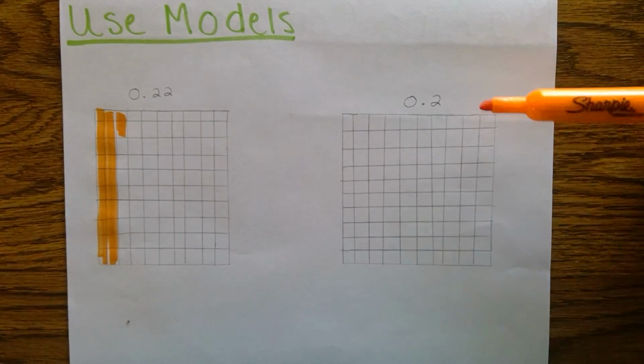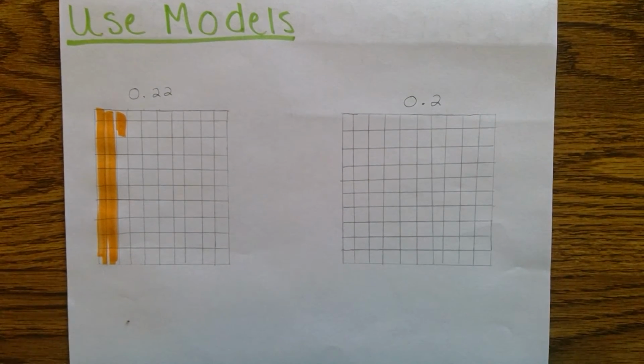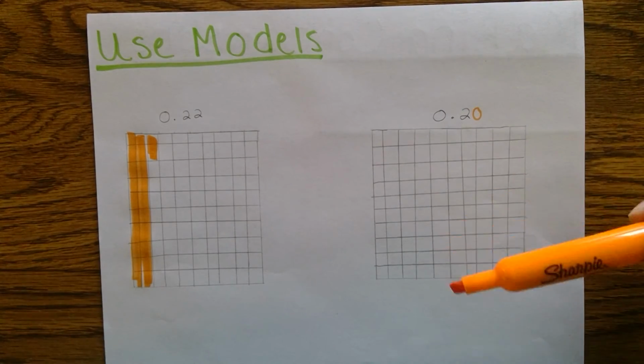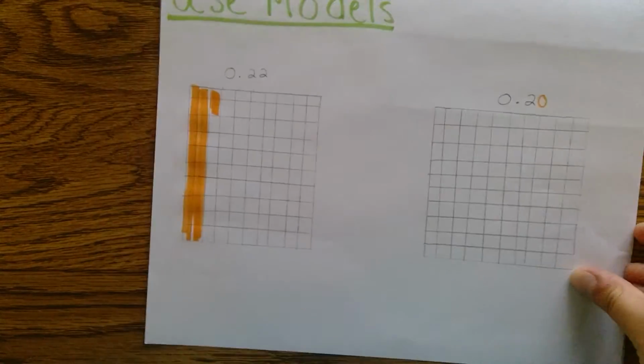Now, this decimal is in tenths. So to change that to hundredths, we're simply going to add a 0. Now with that 0, it is now 20 hundredths. And so I'm able to fill out 20 of these squares.